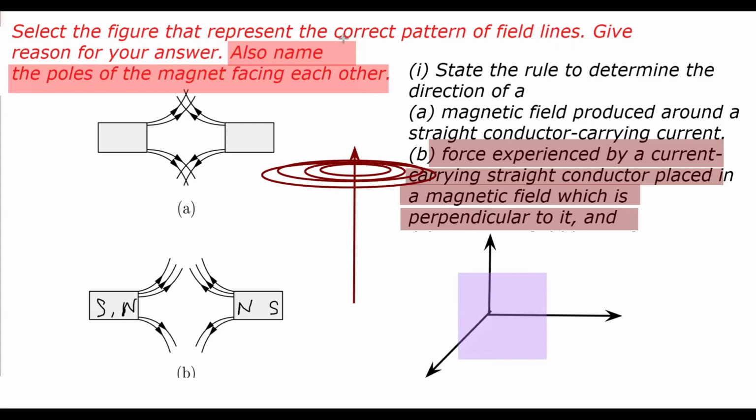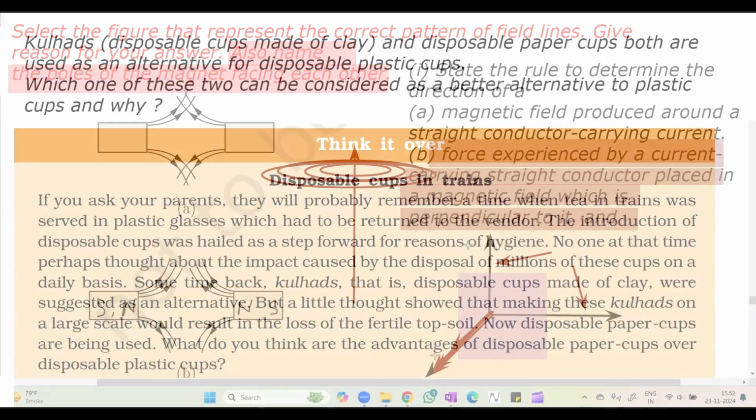So if your forefinger points to the direction of the magnetic field, and the middle finger points to the direction of the current, then the force is represented by the thumb. So the direction in which the force is acting is indicated by the direction in which the thumb is pointing.